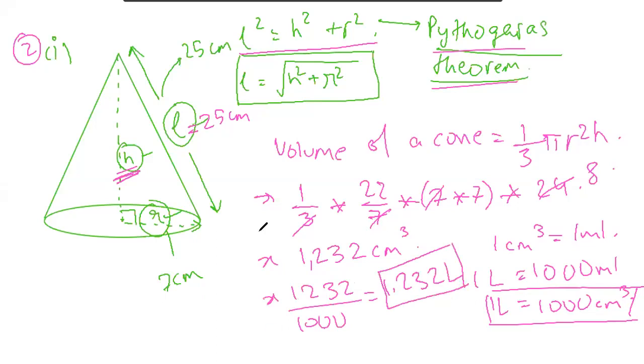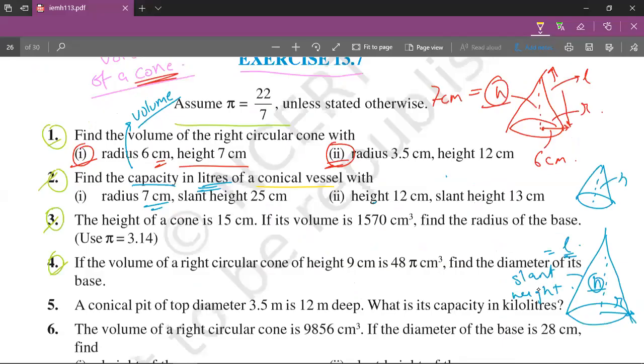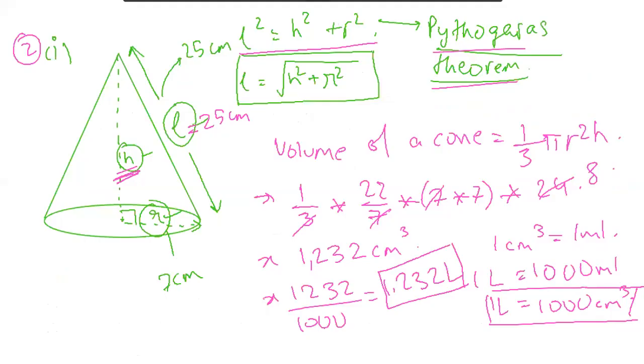Okay, so let's move on to our next part, which is height is 12 centimeter and slant height is 13 centimeter. Slant height is L and height is H. So the only thing that is missing from this question is R. So we have to find R by the same formula. Okay, so let's erase this.